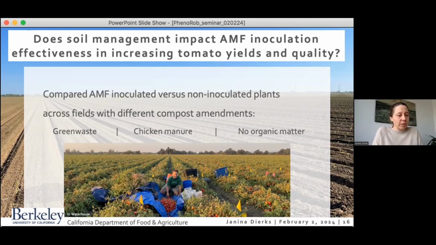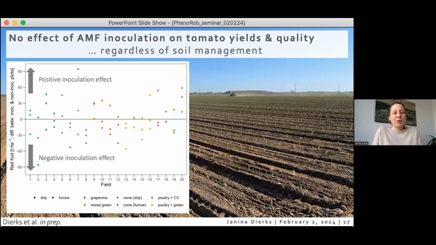We worked with tomatoes in this case, and we found no clear effect of inoculation. So this figure shows on the x-axis the 20 different fields that we worked on. On the y-axis, the difference in marketable yield between inoculated and non-inoculated plots. The data points above the line show a positive response to inoculation, and the data points below the line indicate a negative response to inoculation.